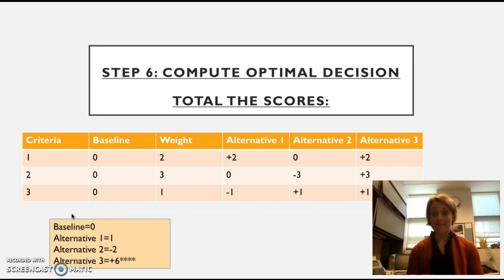And then lastly, you make your decision based on those scores. This is how you want to determine how to solve your wicked problem. So as you can see here, we have the criteria, the baselines, and the weights. And obviously here, alternative 3 came out with a +6, alternative 2 a -2, and alternative 1 only a 1.